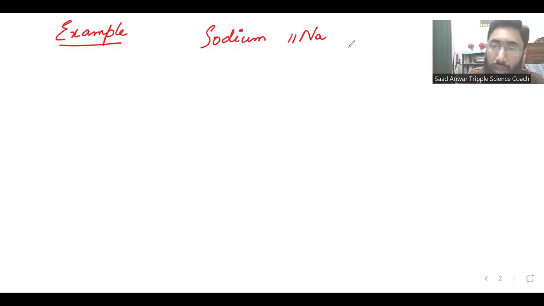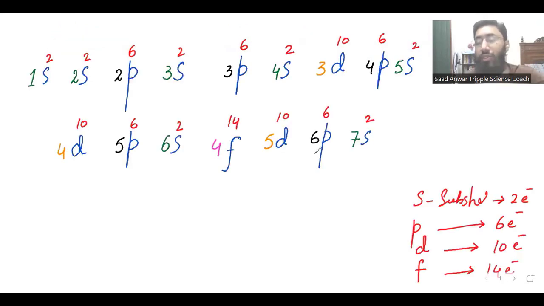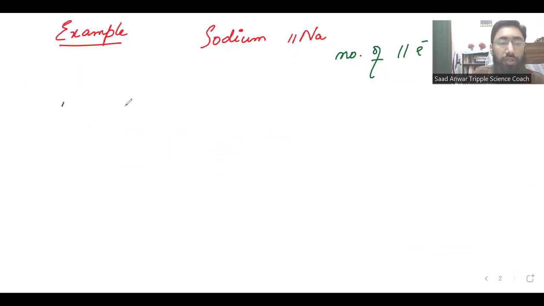It means sodium has 11 electrons, and I have to arrange 11 electrons. Now, there is no need to write the entire sequence of subshells.